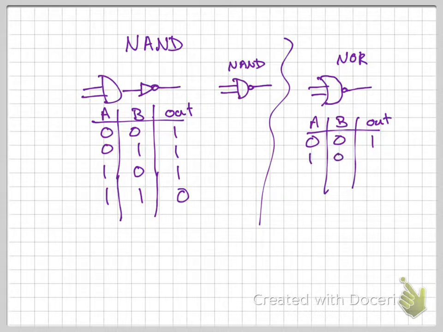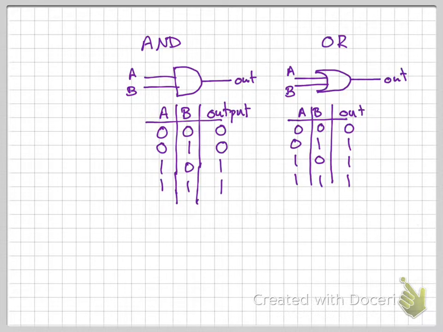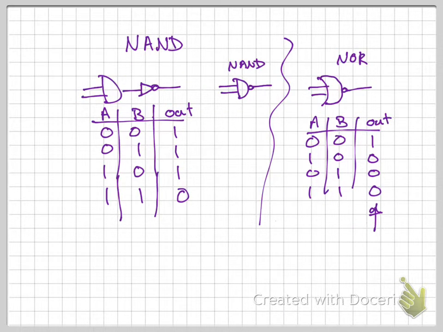Then 1, 0, 0; 0, 1, 0; 1, 1, 0. This better be the NOT of the OR function that we saw on the previous page, right? There's the OR function right there, so the NOT is just the opposite of that.